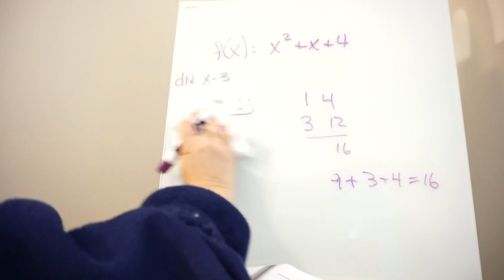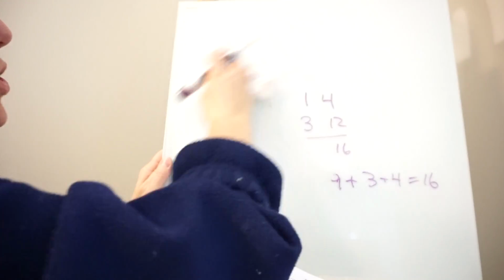All right, so now we're going to go on to example 115.2. As you can see, especially as you get into higher order polynomials, this is just a faster way to find out what the value of a function at a specific value is.